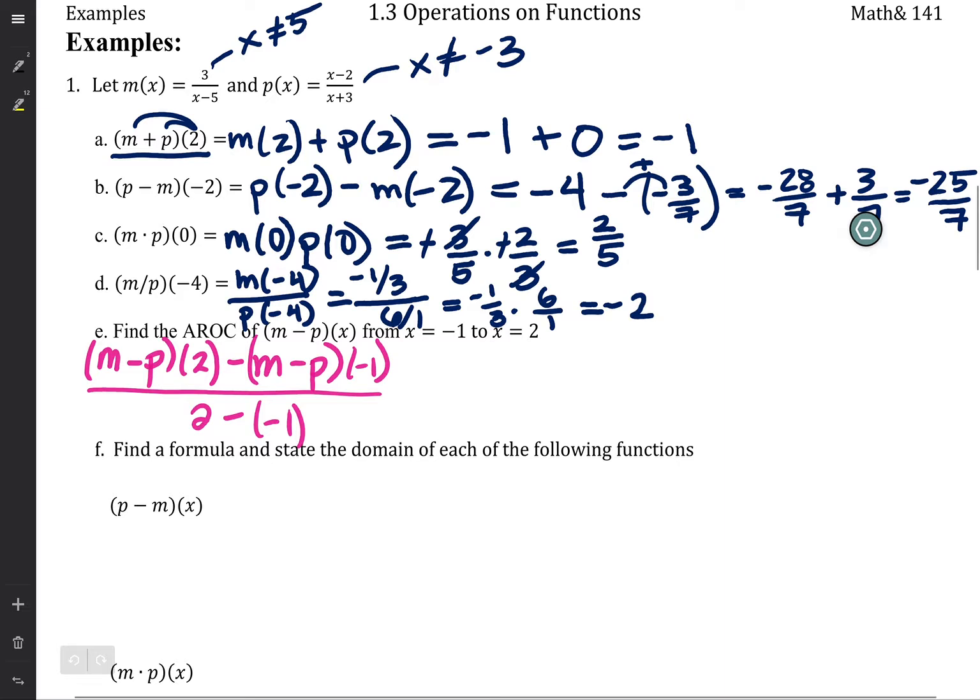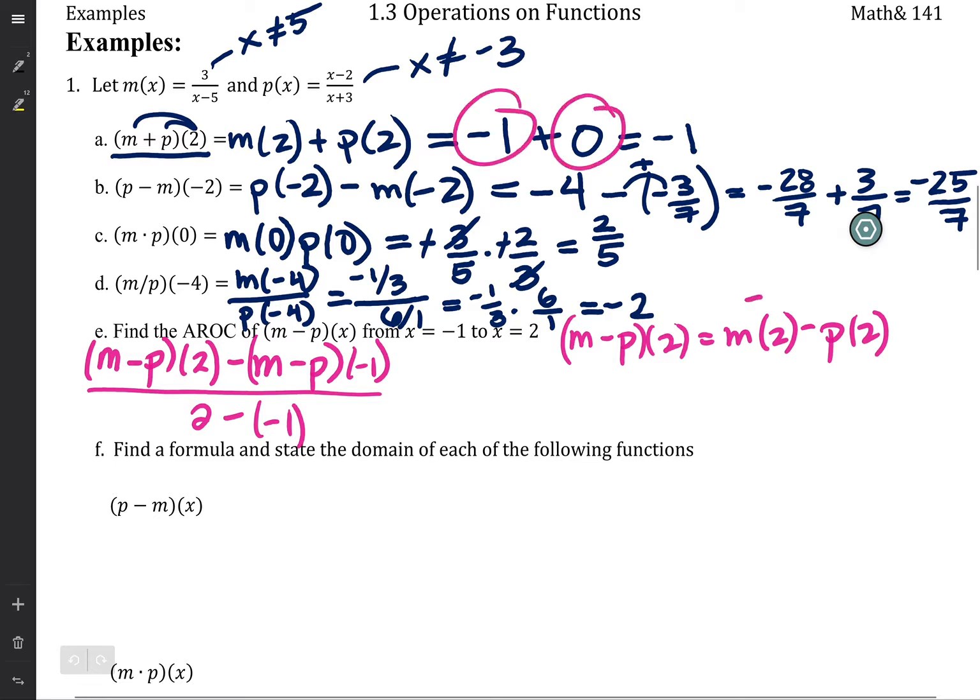If I want m minus p of 2, that's m of 2 minus p of 2. I did do that up above. M of 2 is negative 1 and p of 2 is 0. So this is negative 1 minus 0, which is negative 1. So on the top of the fraction I have a negative 1.